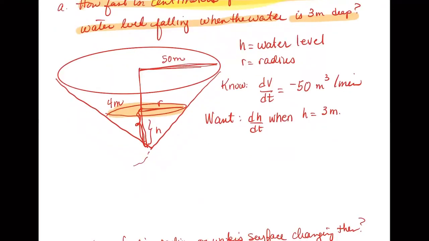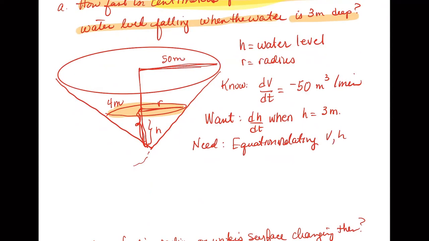So what we need is an equation relating V, which is the variable we know its rate of change, to H, which is the variable we're looking for its rate of change.